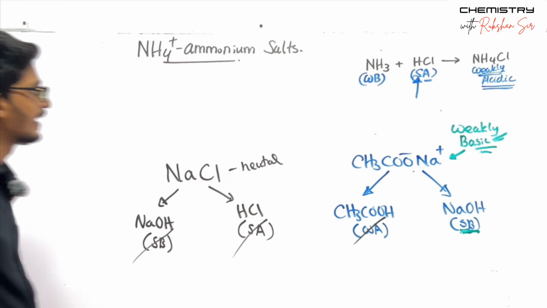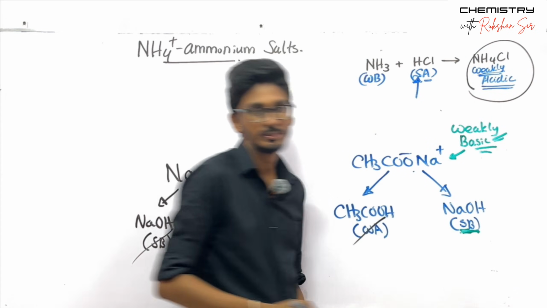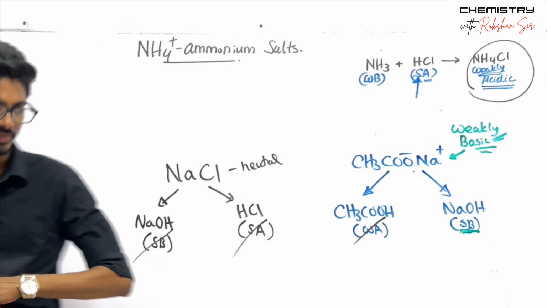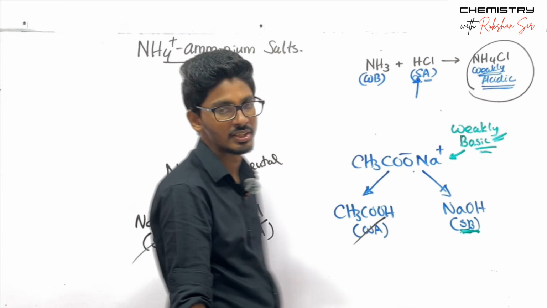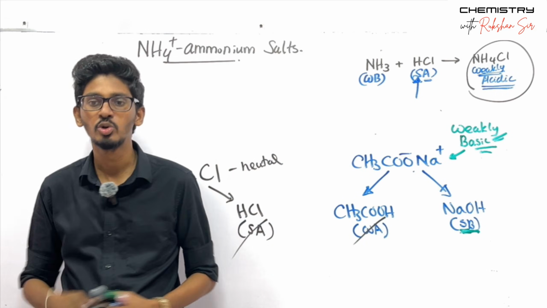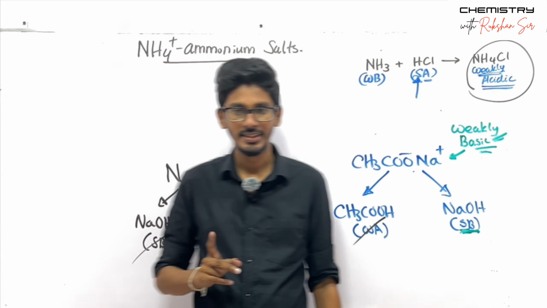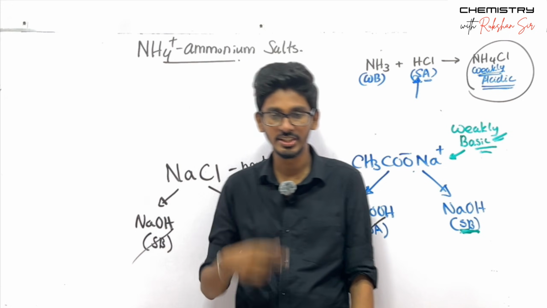So like that, the ammonium salts are going to be weakly acidic. Remember that. With ammonium salts we are going to learn about two reaction kinds. One type concentrates on the acidic nature of the ammonium salts.